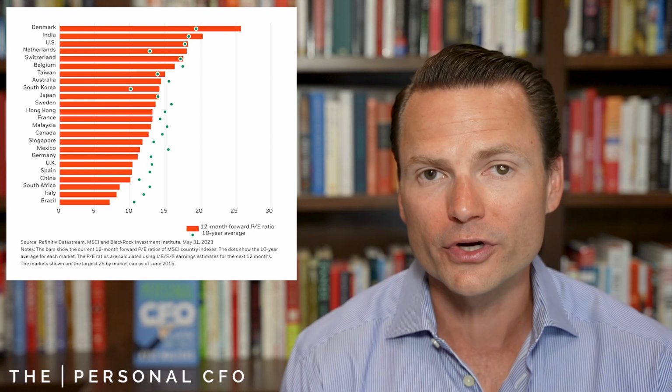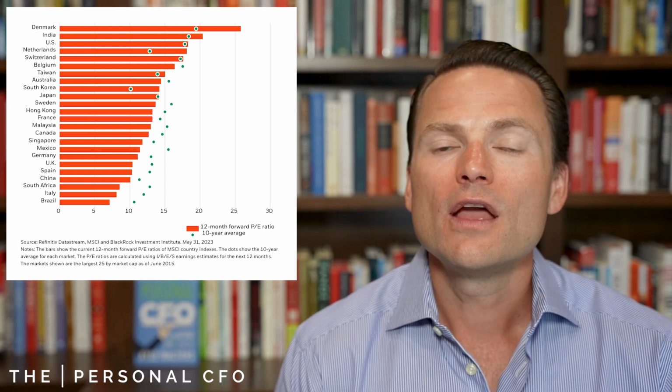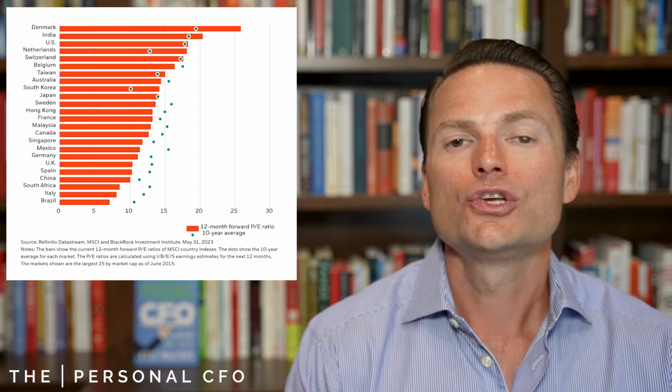And as we look at all these other countries, if the green dot is over to the right of the orangey yellow bar, it means it's cheap relative to itself, okay? And if we look at the US, we can see, hey, we're kind of close to the top, which means we're a pretty expensive country, and we're about in line with our last 10 years. So we're not really cheap relative to ourselves or expensive relative to ourselves.